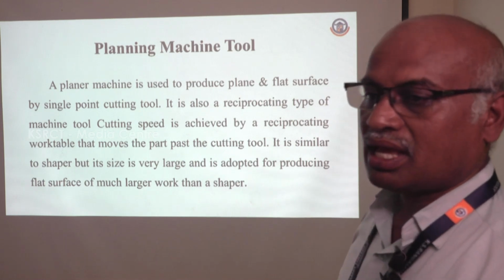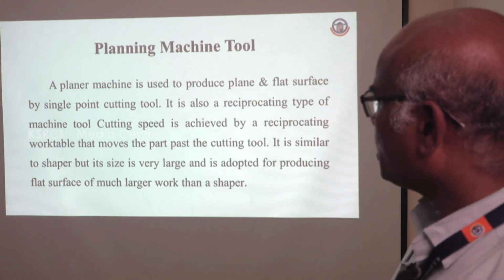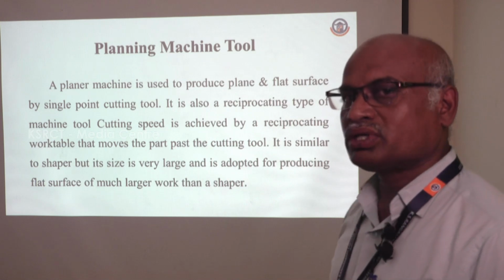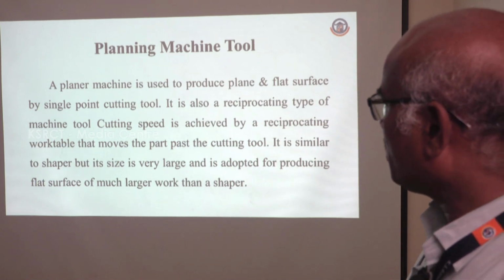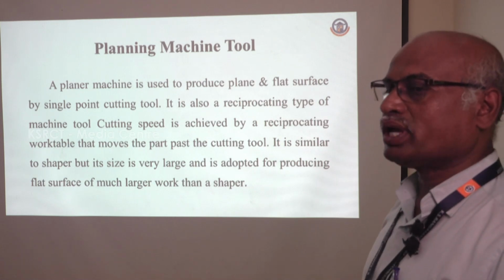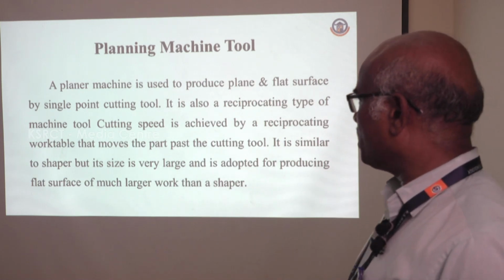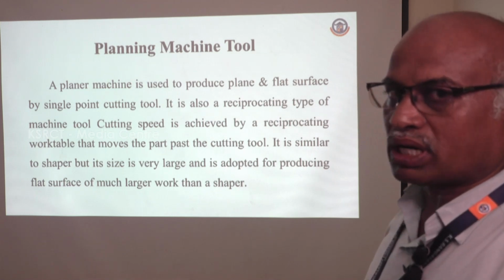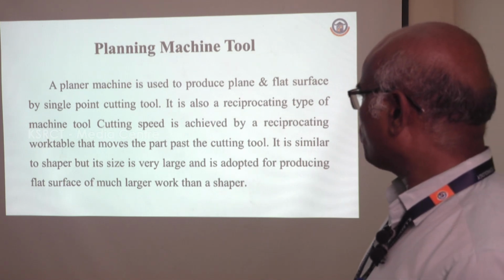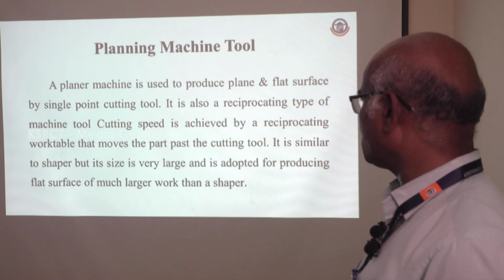Then the next type is the planing machine tool. The planing machine is used to produce plane and flat surfaces by a single point cutting tool. It is also a reciprocating type of machine tool. Cutting speed is achieved by a reciprocating work table that moves past the cutting tool.